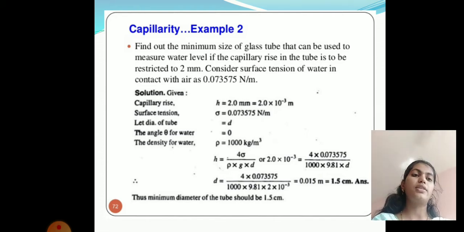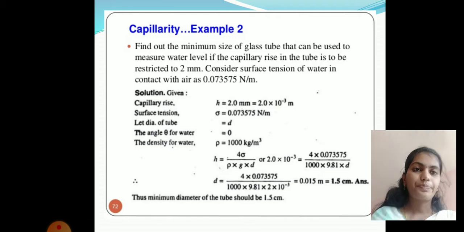Capillary rise H is 2.0 mm, converted into meters, 2.0 into 10 raised to minus 3. Surface tension sigma is 0.073.